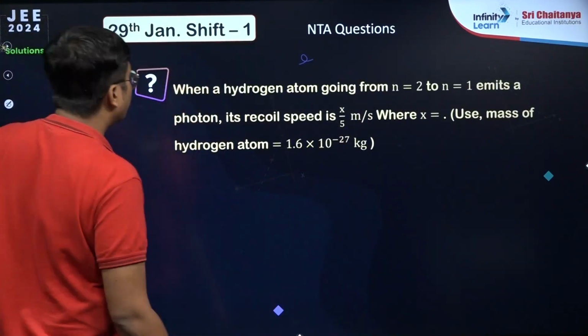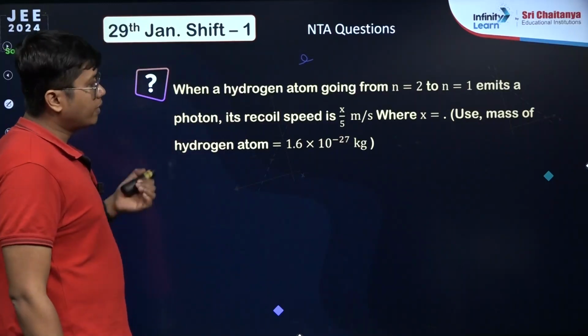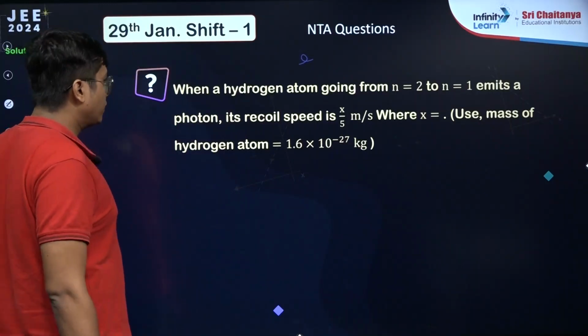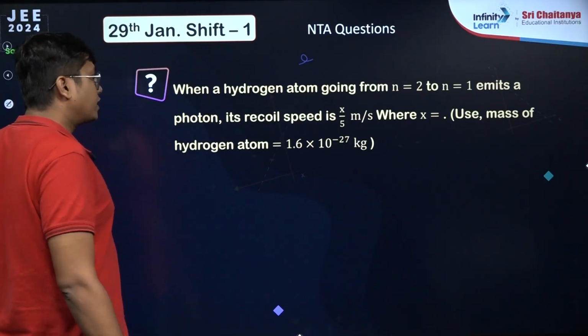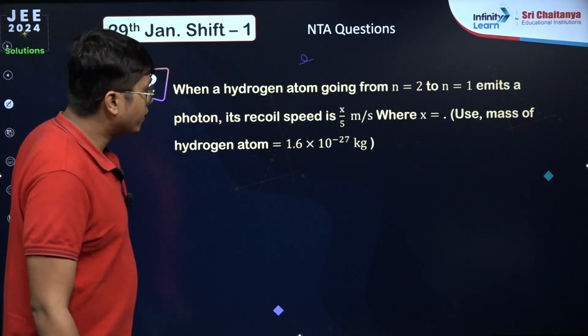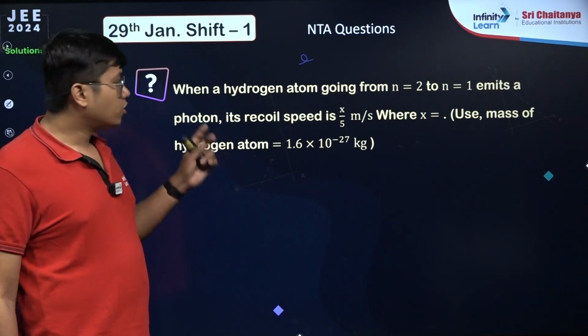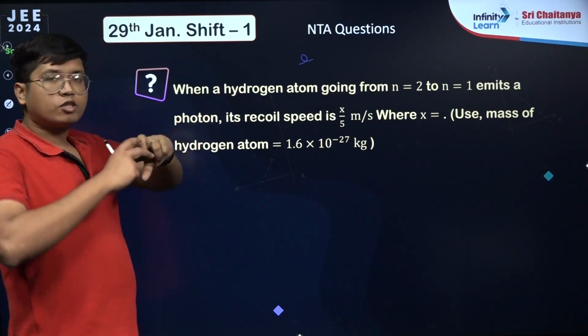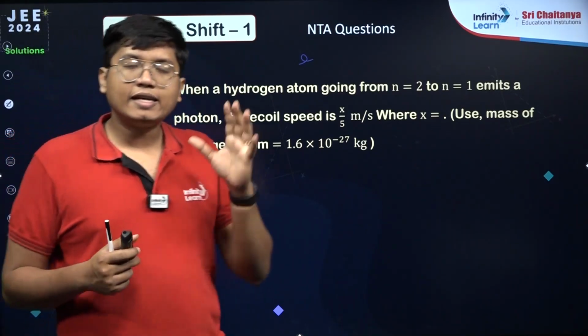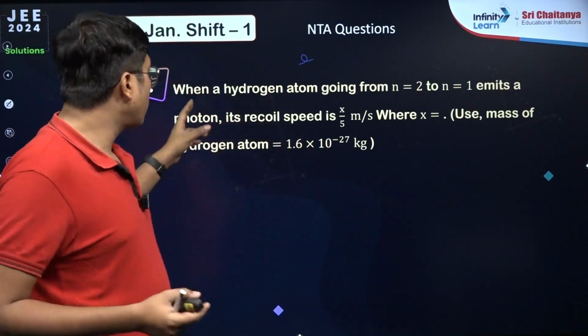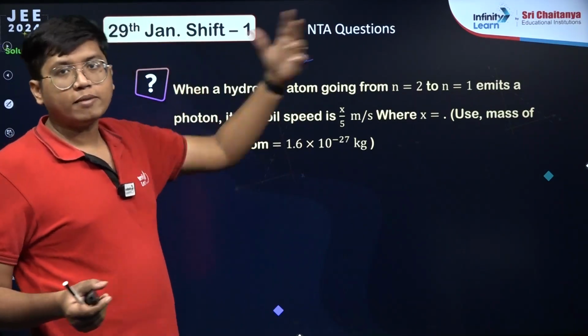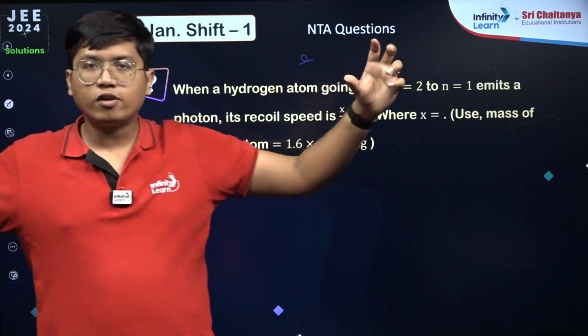Next question says that when a hydrogen atom is going from n equal to 2 to n equal to 1, it emits a photon. Its recoil speed is x by 5, where x is how much? So this is pretty simple, because as soon as it emits it, whatever is the momentum of the photon, that is going to be the momentum of the hydrogen, because it's like a recoil velocity.